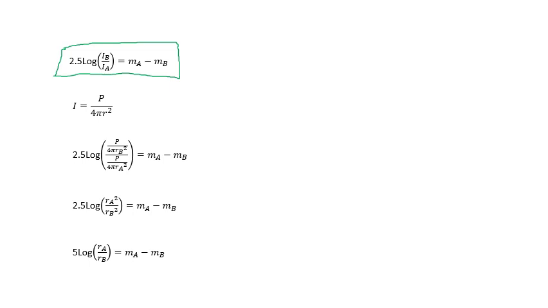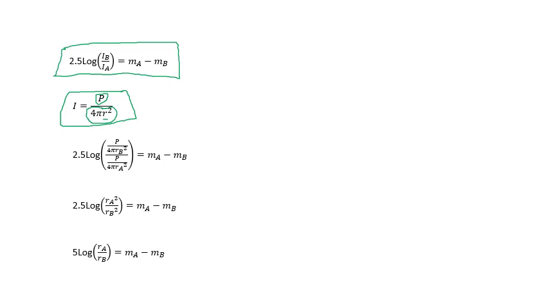Now, in order to represent the intensity, we need to know the formula for intensity, so here it is. Intensity is the power emitted by the star divided by the surface area of the sphere over which that light is spread out at a distance of r from the star.